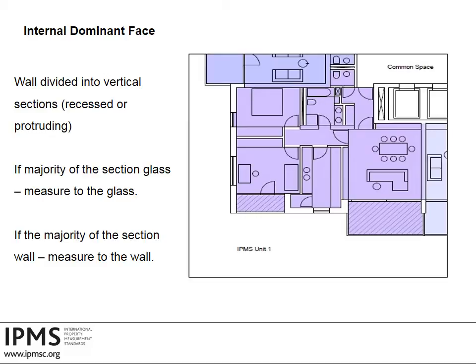So, all the internal dominant face really means is if the majority of that section of the wall is glass, you measure to the glass, and if the majority of that section of the wall is finished paint surface, then you measure to the finished paint surface.